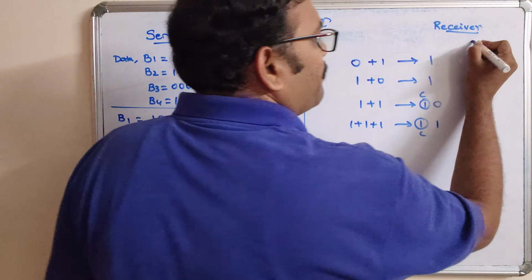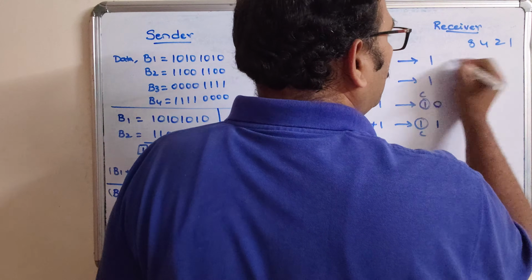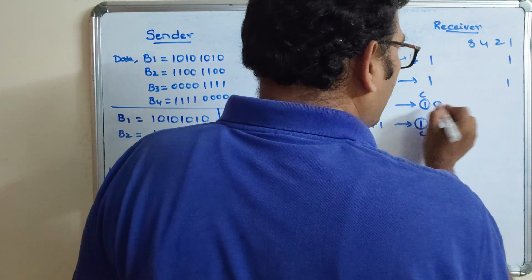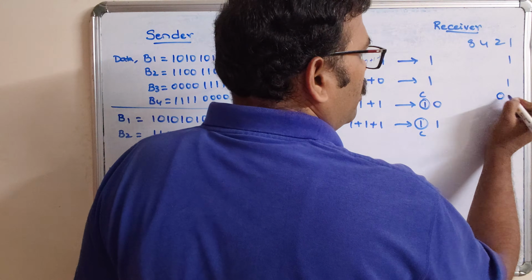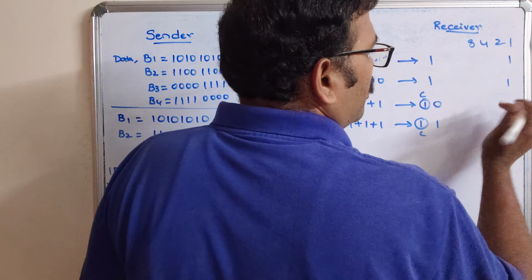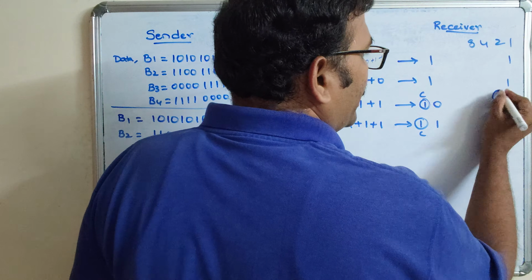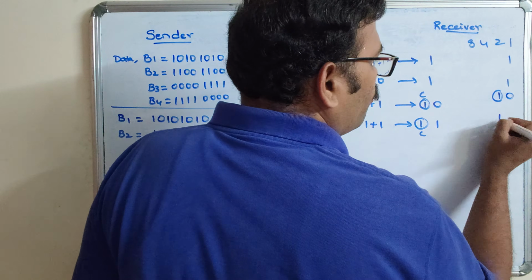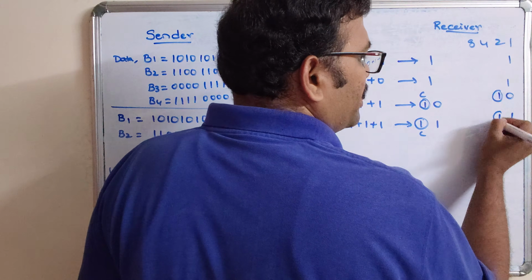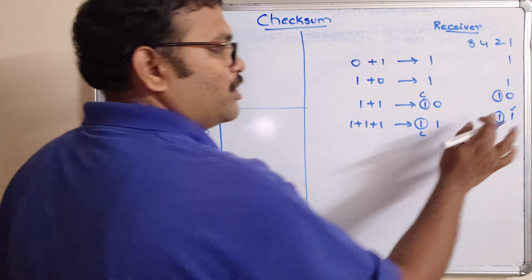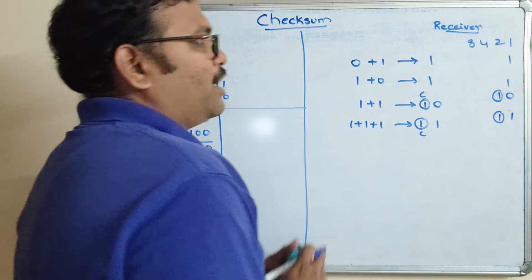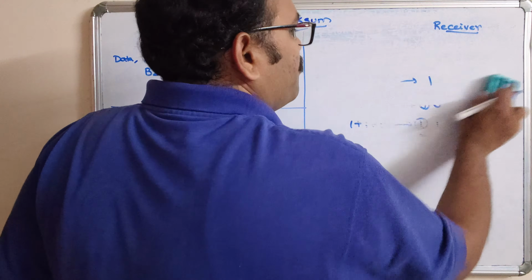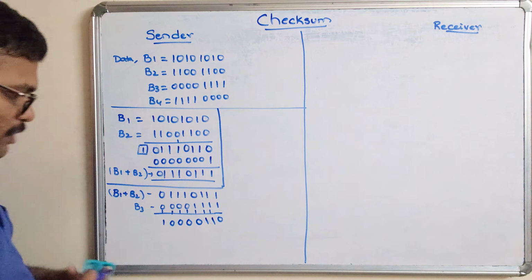Because see, the representation 8 4 2 1. If it is 2, that is 1 and 0, so that will be carry. And if it is 3, 1 and 1. So 1 will be the result and 1 is the carry. The same way we are applying. Hope you understood this one, right?